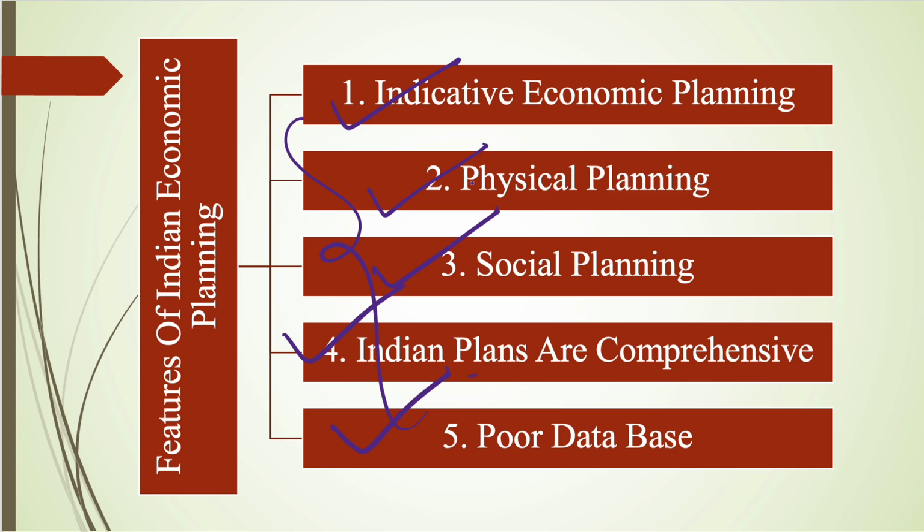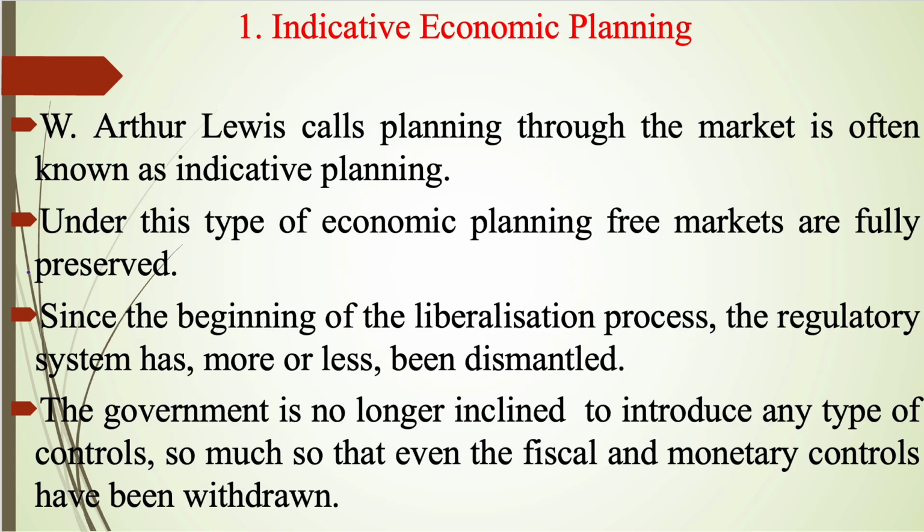So first one is indicative economic planning. W. Arthur Lewis calls planning through the market, which is often known as indicative planning. Under this type of economic planning, free markets are fully preserved. Since the beginning of the liberalization process, the regulatory system has more or less been dismantled.